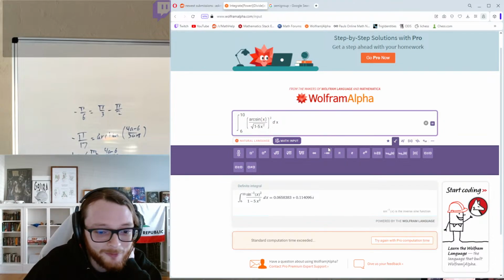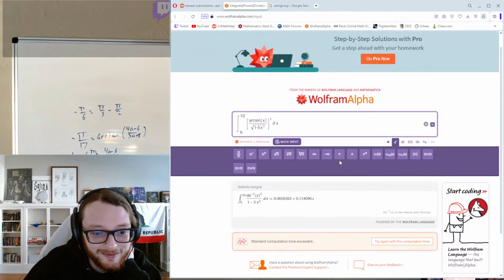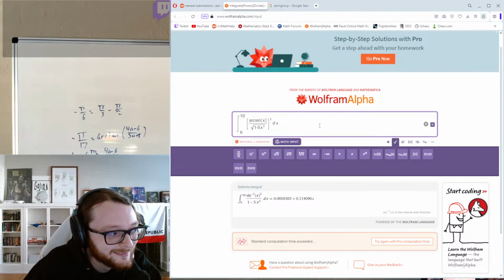Oh, inverse sine isn't defined over 6 to 10. Yeah, this is out of arcsine's domain. Arcsine of 6 makes no sense, or arcsine of 10 doesn't either.